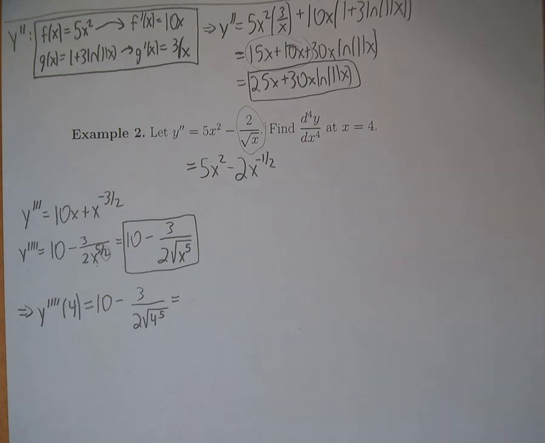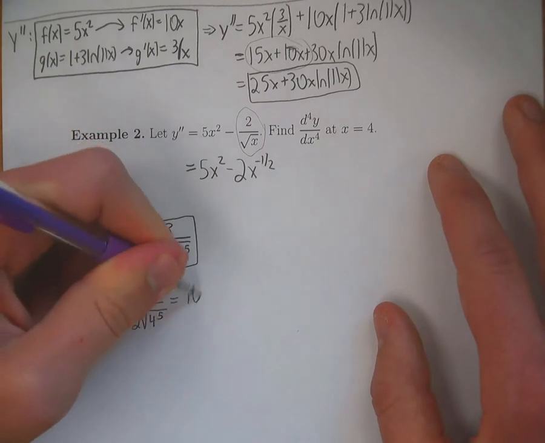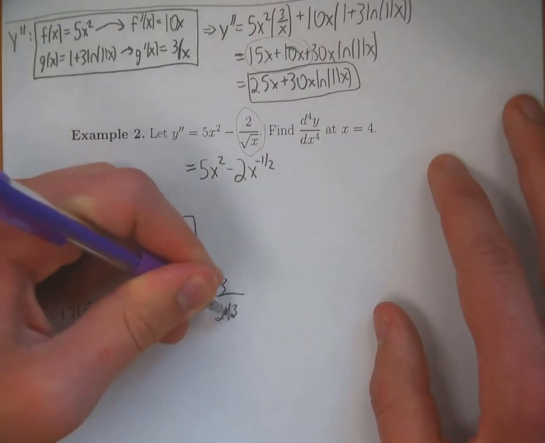Or would it be 8? Not quite. Okay. 32, right. So we have 10 minus 3 over 2 times 32.